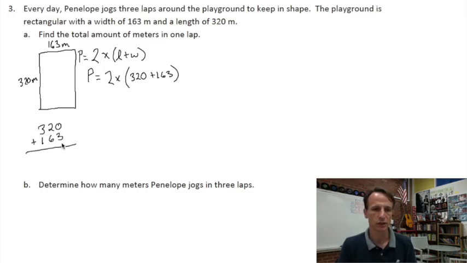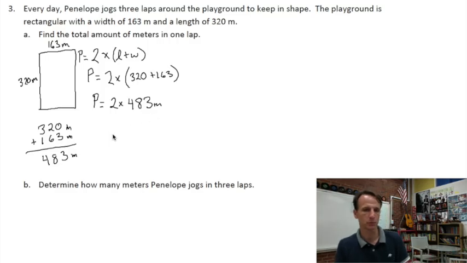Easy addition, no regrouping even. 0 and 3 are 3, 2 and 6 make 8, 3 and 1 are 4, and all of these are meters, by the way, just so we keep ourselves straight. So now we can say that the perimeter equals 2 times 483 meters, okay, which is the length plus the width.